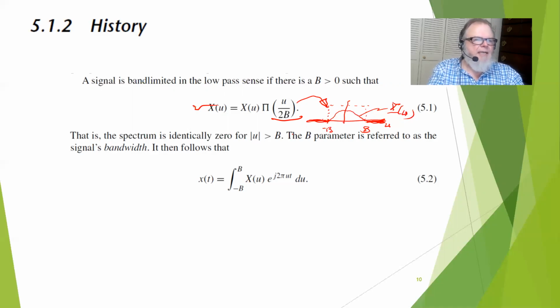Because of that, we can write the inverse Fourier transform, instead of from minus infinity to infinity, which is normally what you use as the interval of the inverse Fourier transform, and instead just integrate from minus B to B. Why? Because outside of this interval, this function is totally equal to 0, and nobody cares what happens out there. Notice something interesting. This is kind of cute.